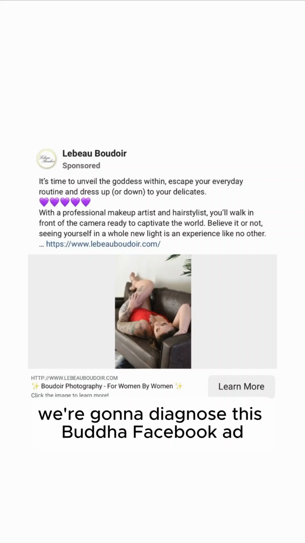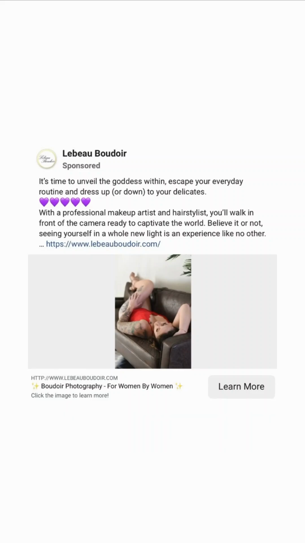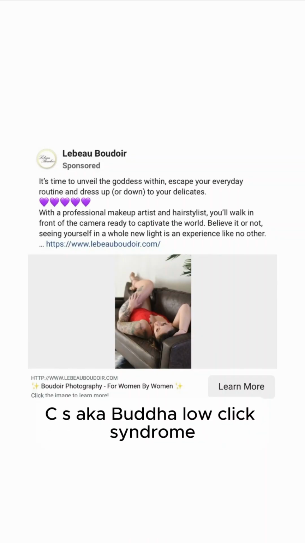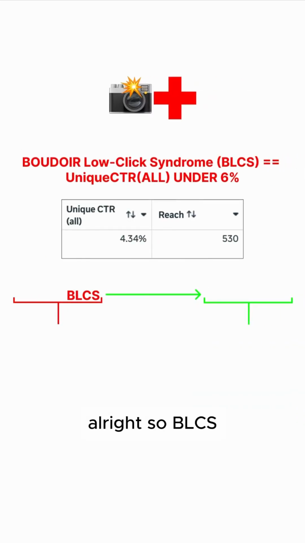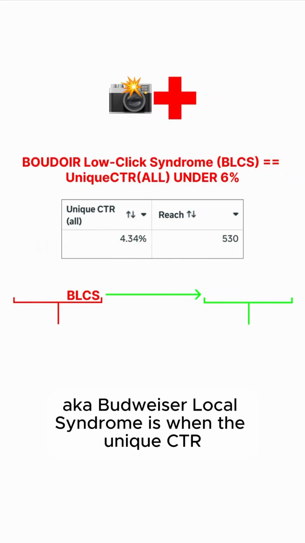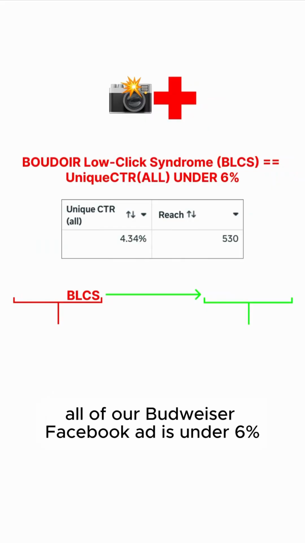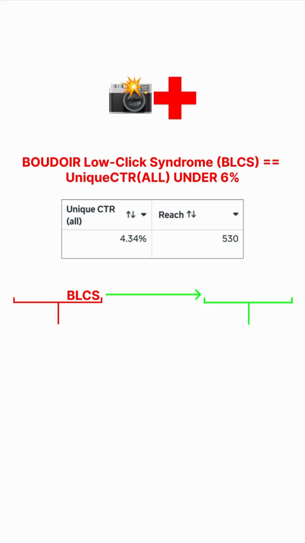All right, y'all, we're going to diagnose this Boudoir Facebook ad, see if we believe it has BLCS, aka Boudoir low click syndrome. BLCS is when the unique CTR of our Boudoir Facebook ad is under 6%.